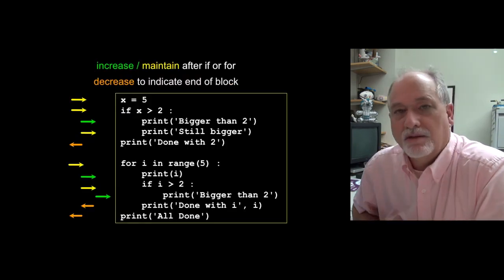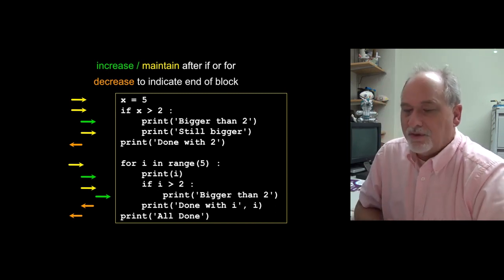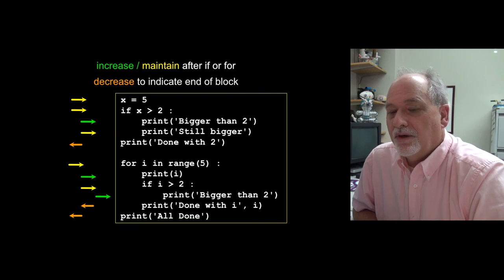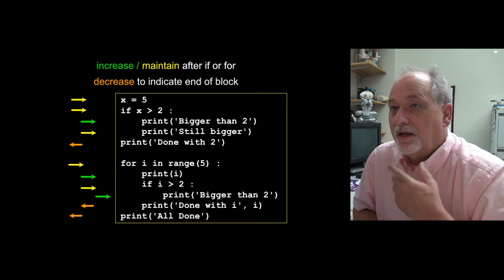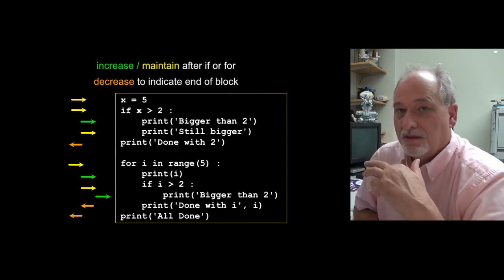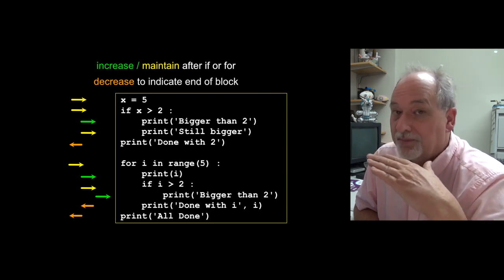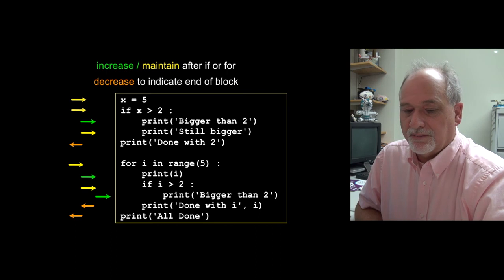And so here is a bit of code. It's got a nested block, but it gives you this sense that you have to be very explicit when you're reading Python code of whether the indent is the same between 2 lines, increased or decreased. And so every time you increase it, you mean something, and every time you decrease it, you mean something, and literally if it stays the same, you mean something as well.